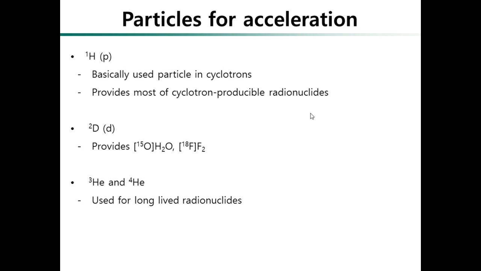But normally a medical cyclotron always uses the proton, and sometimes you can use the neutron. So in the case of the IBA cyclotron, we call it 18/9, meaning 18 is the proton energy, 9 is the deuteron energy. Okay.